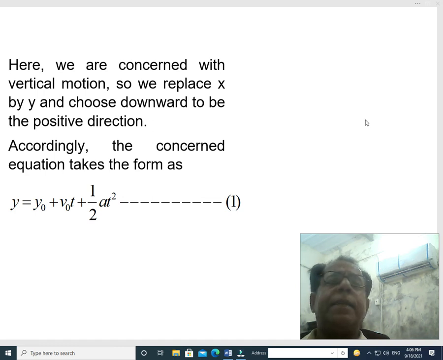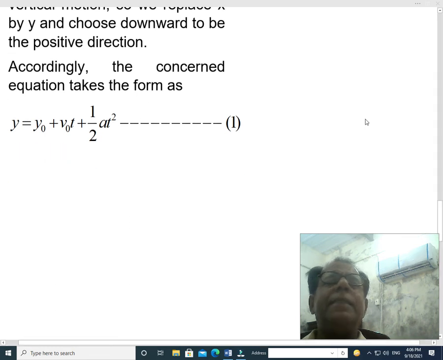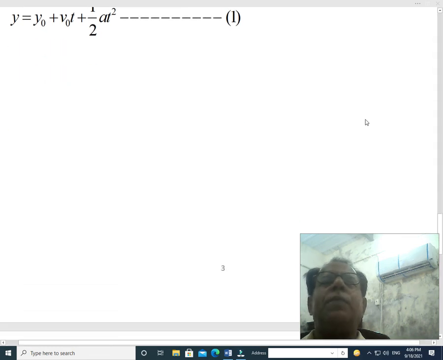Accordingly, the equation takes the form y equal to y naught plus v naught t plus half at square. We have given the name 1 to this equation. That is to say, this is equation number 1, and this is the only equation involved in this problem.